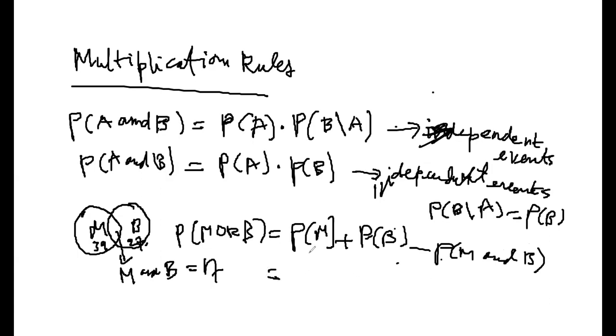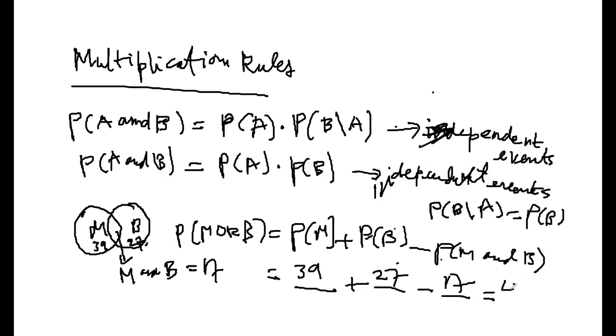So what do you get? 39 over the total, and then 27 over the total, and then 17 over the total. As you subtract 17 from 27, you get 10. 10 plus 39, you get 49.